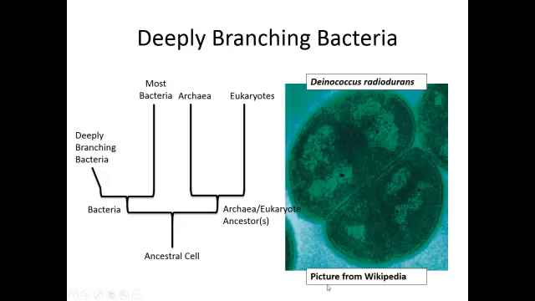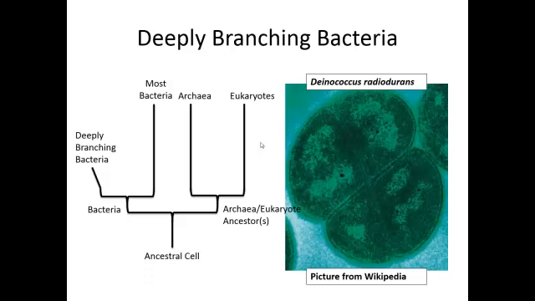The example that I want to use of deeply branching bacteria is Deinococcus radiodurans. It was originally isolated from nuclear power plants. These organisms have a tendency to form tetrads, and they are very resistant to radiation, as evidenced by where we originally isolated them.